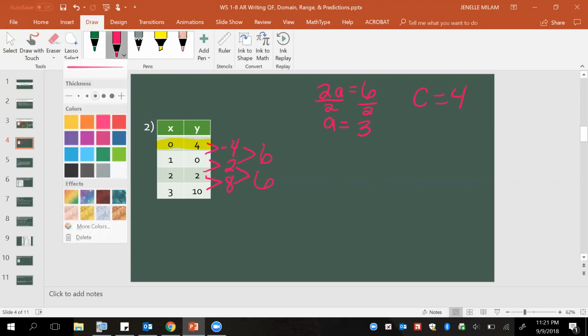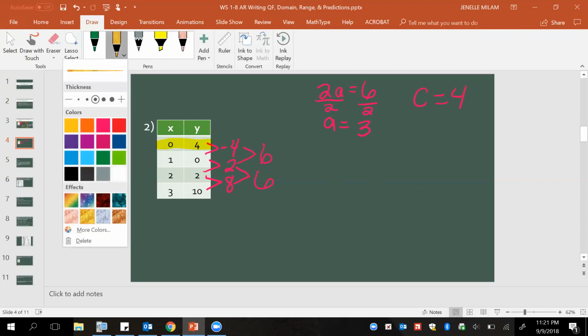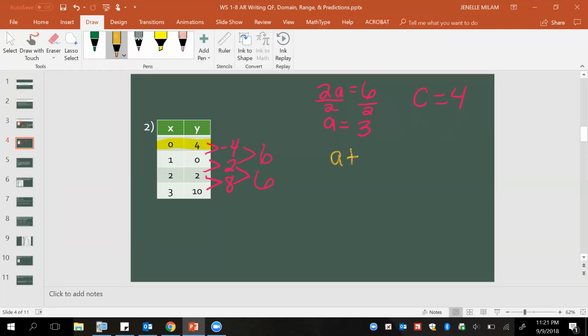And then finally, the last one that's the trickiest, we've got a plus b equals here's where x is 0. What is that difference? Well, it's negative 4. I know that a is 3, so 3 plus b equals negative 4. We're going to subtract 3, so b equals negative 7.